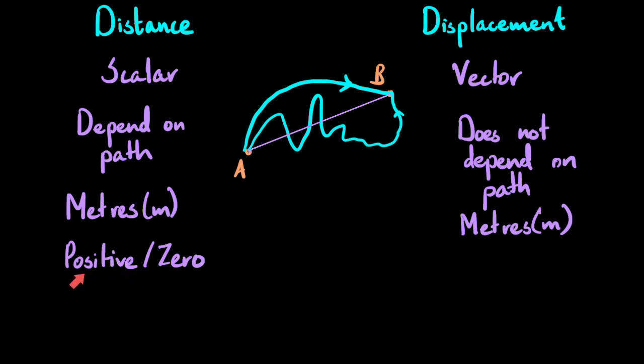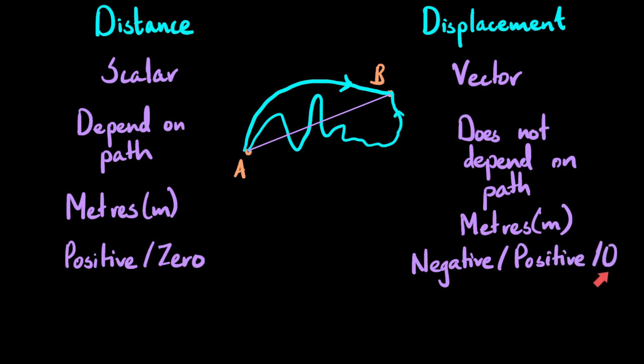So distance can either be zero or positive. Zero if you don't move, positive if you move in any direction. On the other hand, displacement can be negative in addition to being positive and zero.